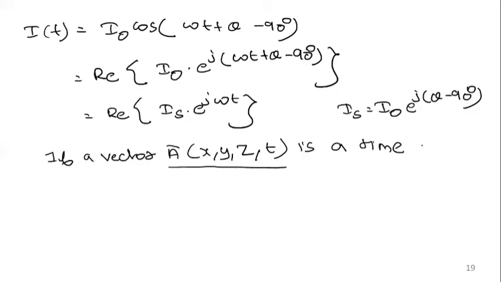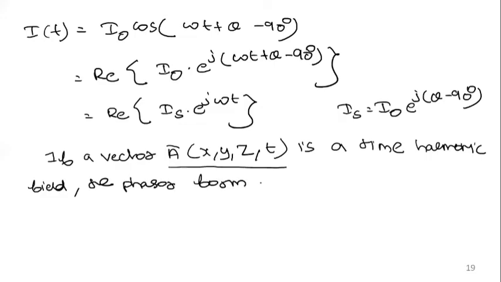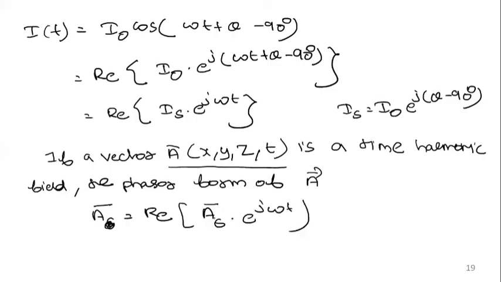So A is a time harmonic field, and the Phasor form As is such that A is equal to real part of As into e raised to j omega t, where As is the Phasor form, right?